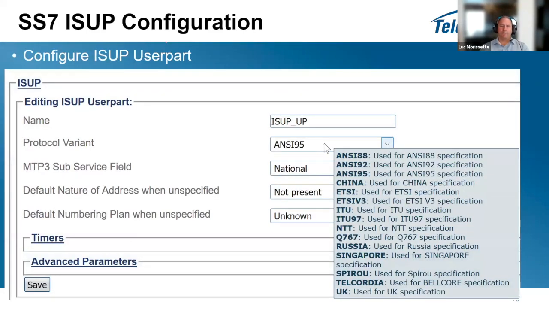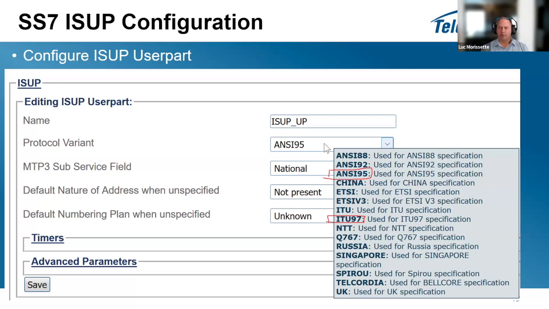You need then to configure the SS7 ISUP user part. The most important thing is the version. Of course, we support a lot of different variants of ISUP. The main ones are NC95 for North America and ITU 97 here for almost all the rest of the world.